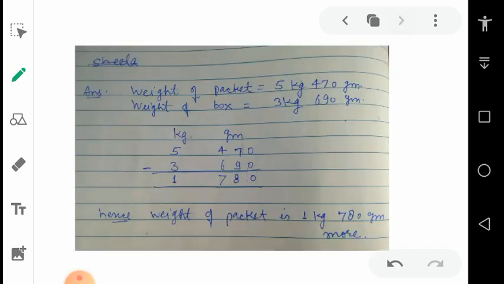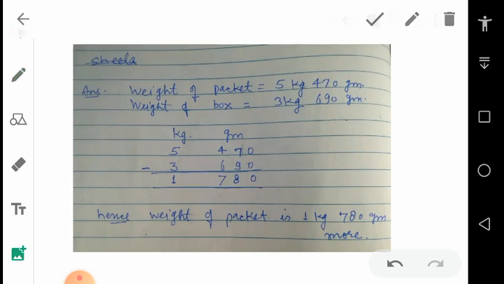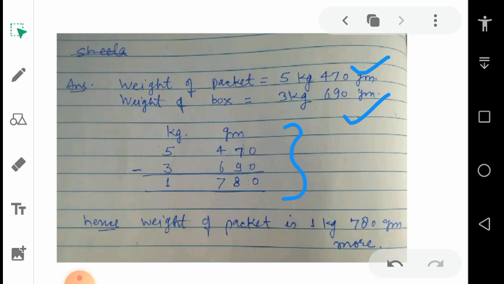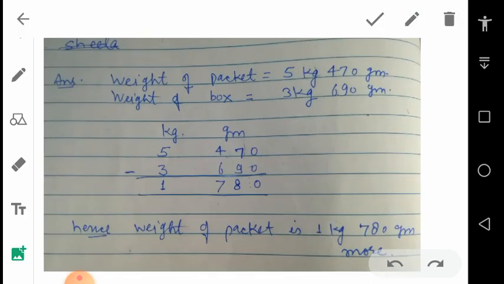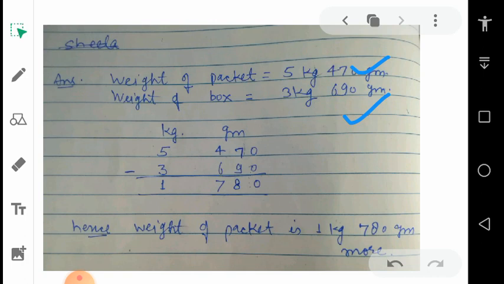So in this way we will do subtraction. We will write the weight of both the things, the weight of packet and weight of box, then do the subtraction in this way. As you can see, 0 subtracted from 0 is 0.